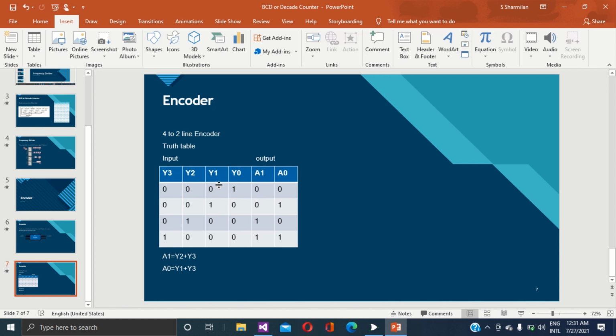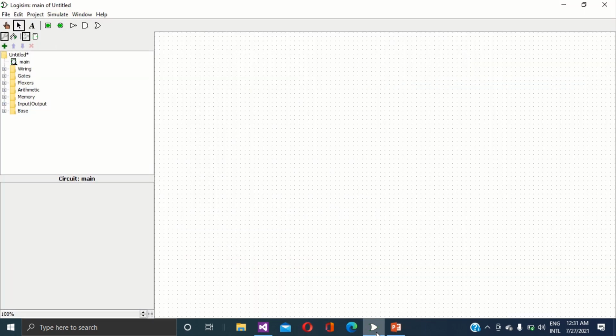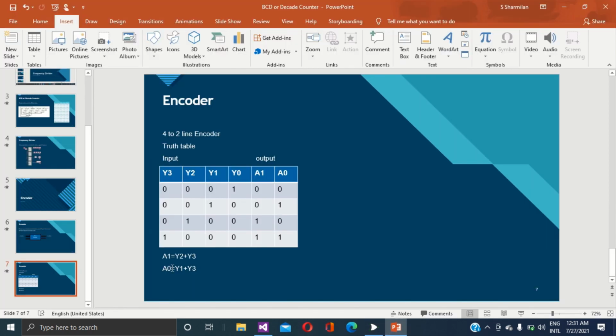Now I am going to implement my logic diagram. See my boolean expression, my outputs are a1 equals y2 plus y3, a0 equals y1 plus y3. Here I have 4 inputs, but I only use 3 inputs. So here I take 3 inputs.